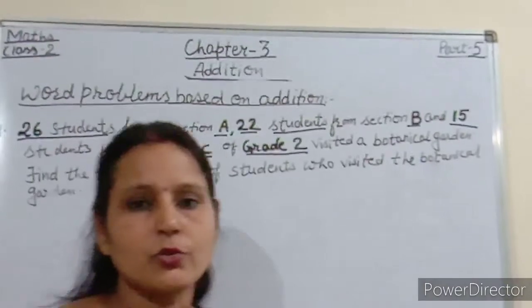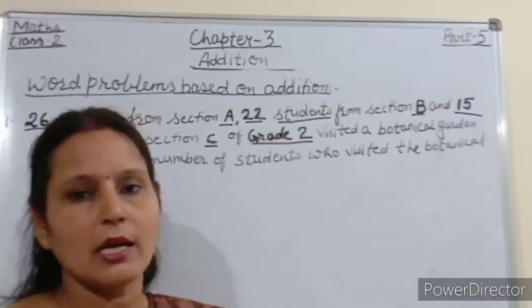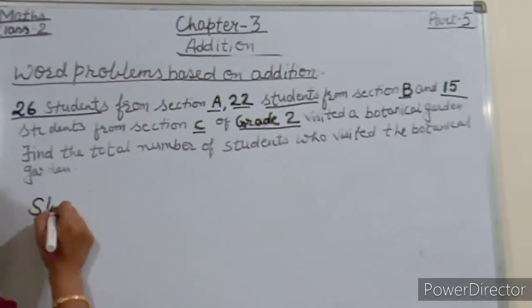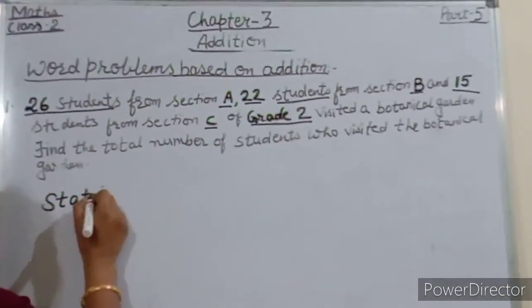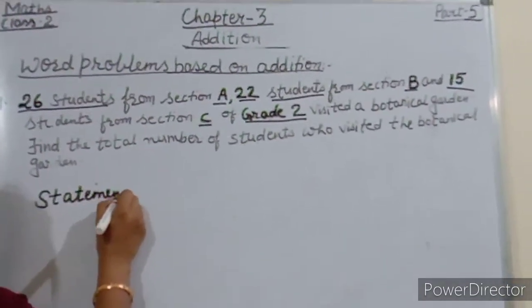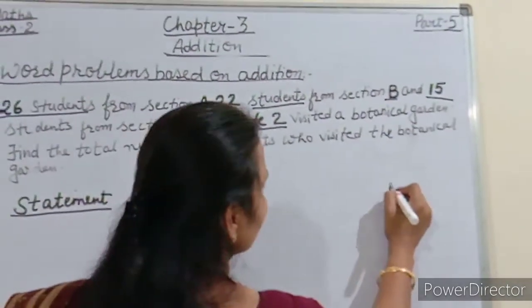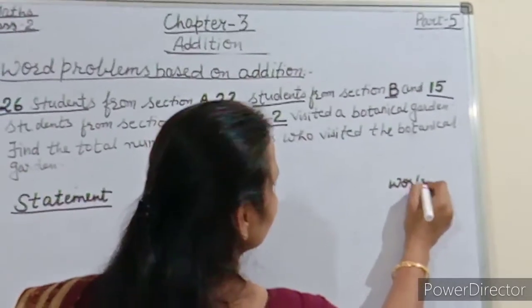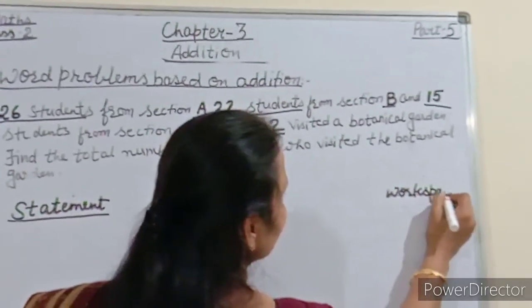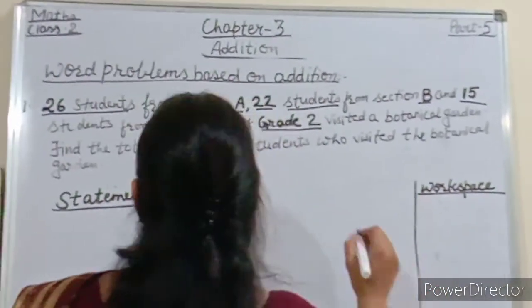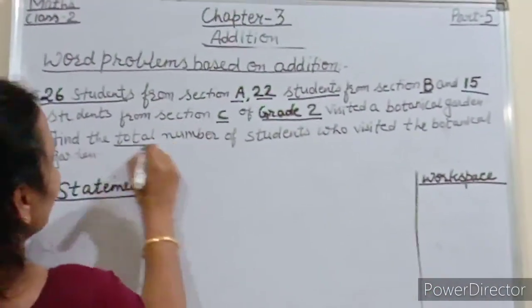So first of all, students, write statement and workspace. See here, write statement, and here workspace. See, here it is written, find the total number.